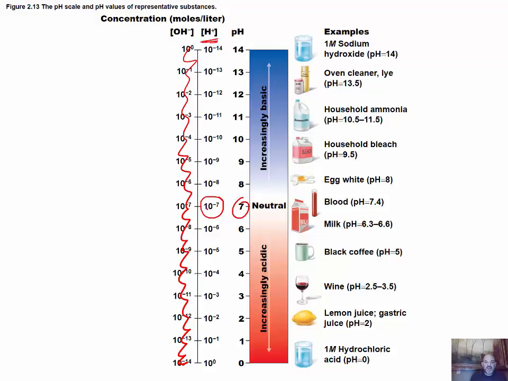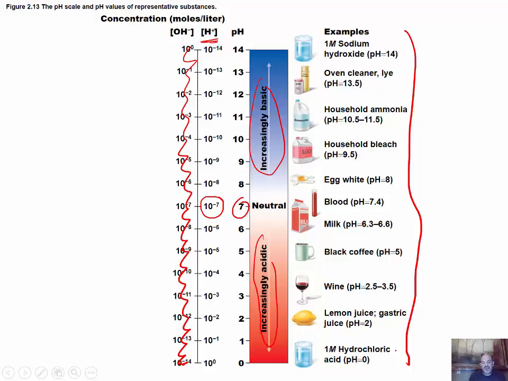If we were to apply that formula for pH, negative log of hydrogen ion concentration, that would give us an answer of 7. And we can see over here we have less acidic or more basic. And then when we go lower on this scale, it would be more acidic. And then here you just have some common items that we see every day that show what their pHs would be.